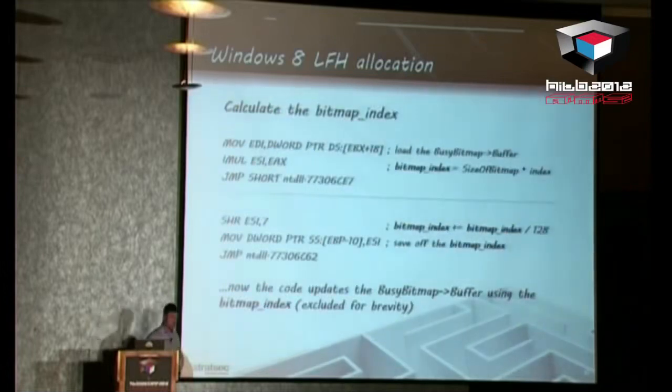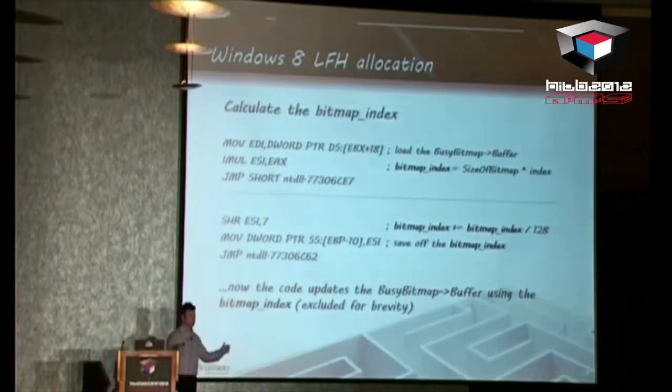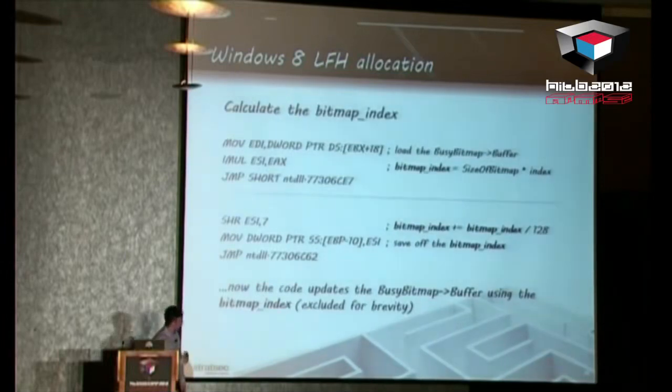Then what happens is it calculates this bitmap index, or that's what I called it. Basically it uses the size of the bitmap times that random value that it retrieved out of the array, then divides that by 128, and gives you this bitmap index. Once it's got that bitmap index, it updates this busy bitmap data.